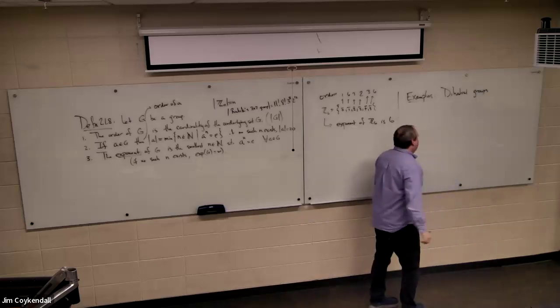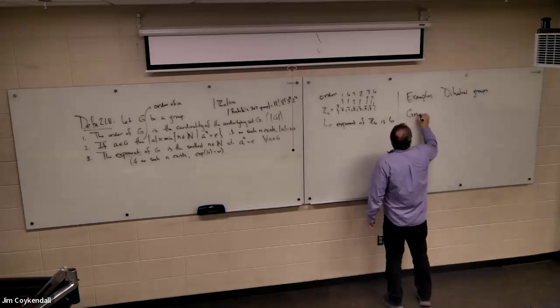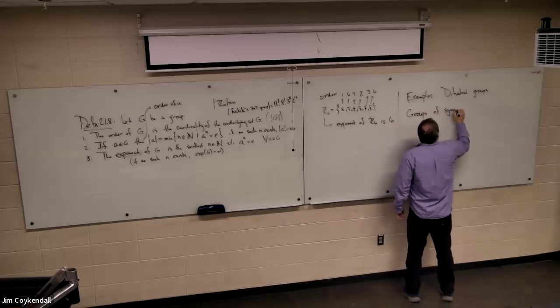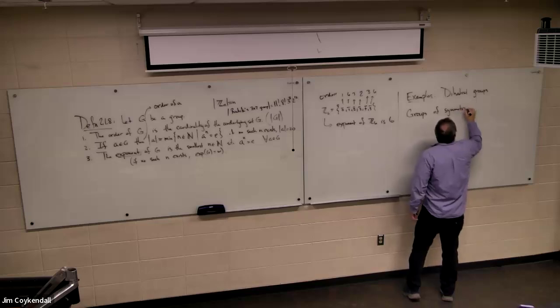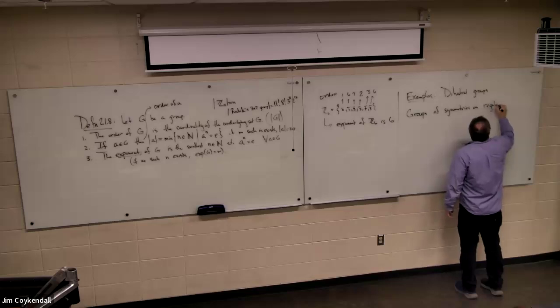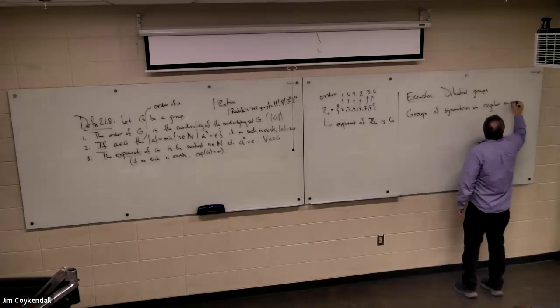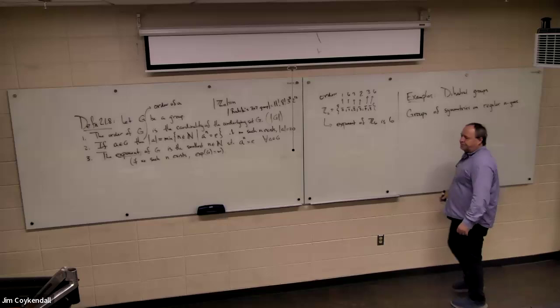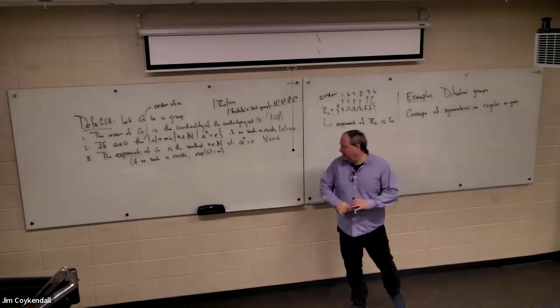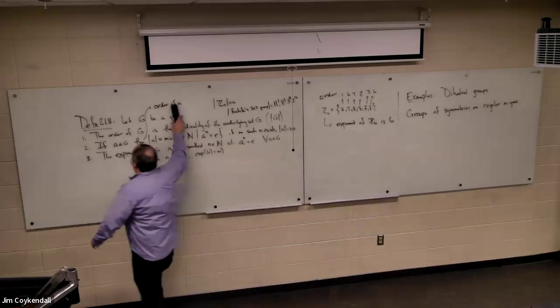And dihedral groups are groups of symmetries on regular n-gons in the plane. Okay, let me start with a specific n to kind of help out, and then we'll generalize.